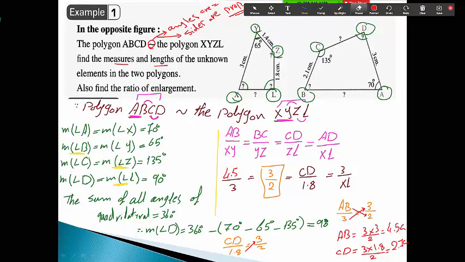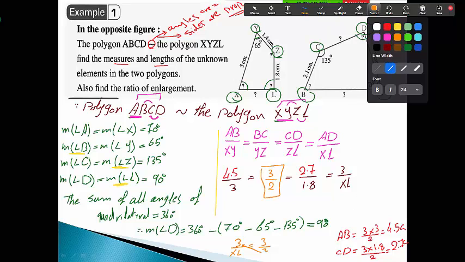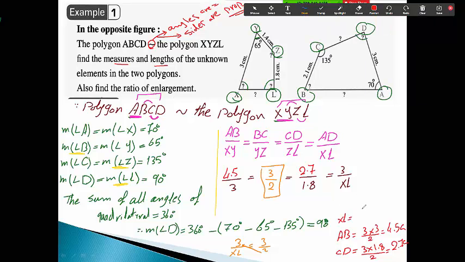The last one, 3 over XL equals 3 over 2. We also use cross multiplication. So XL equals 2 times 3 over 3, which equals 2 centimeters. We can replace XL by 2 centimeters.